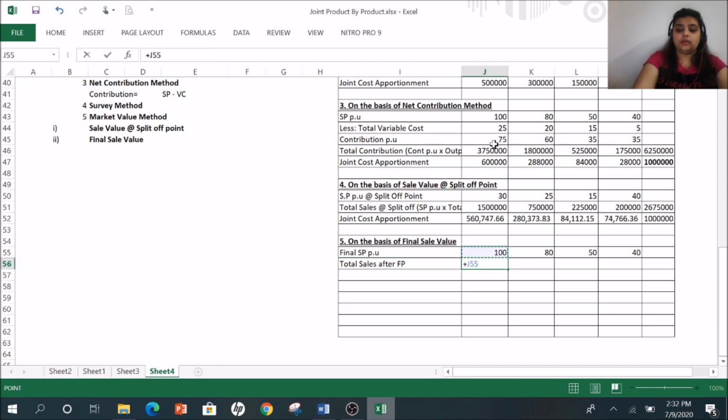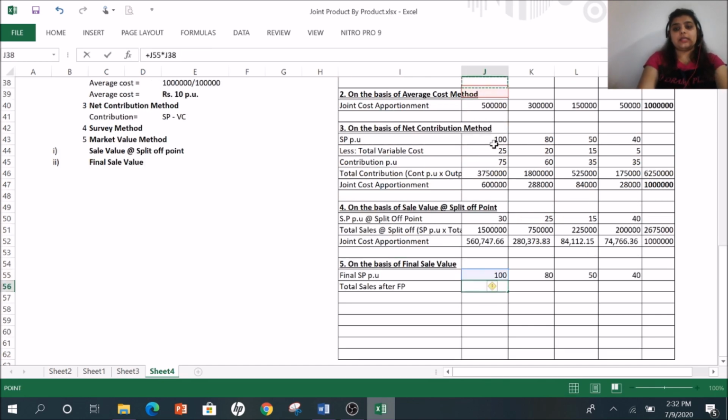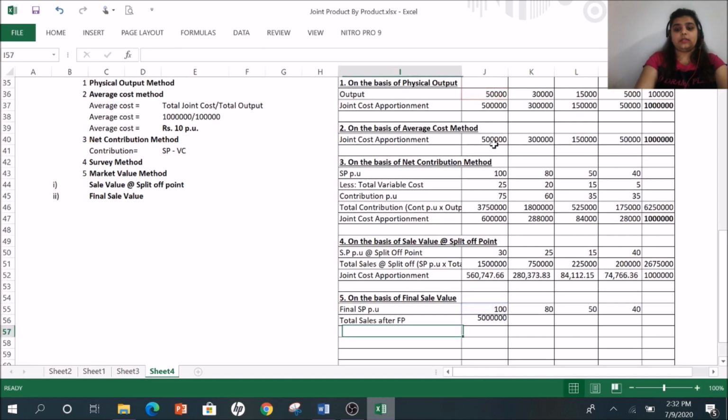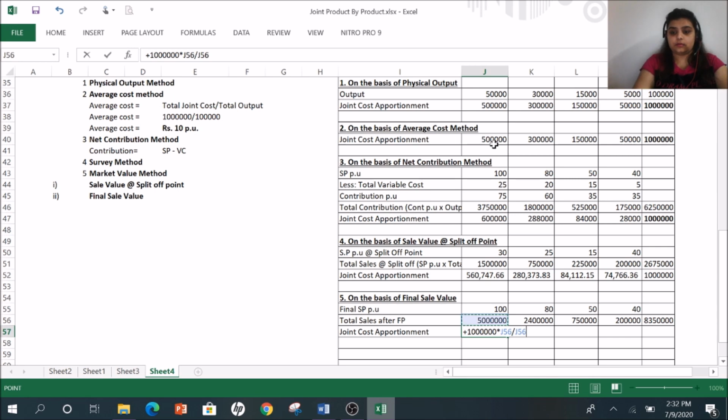That would be 100 into the number of units, that is 50,000. If I do this, it would be 83 lakh 50,000. On this basis we are going to apportion our joint cost. So that would be 10 lakhs into 50 lakhs divided by 83 lakh 50,000.